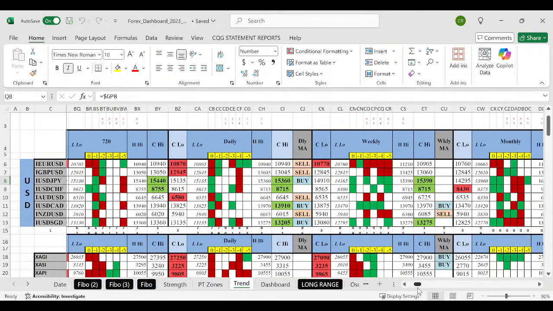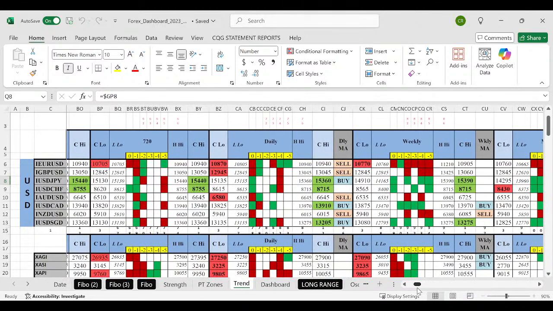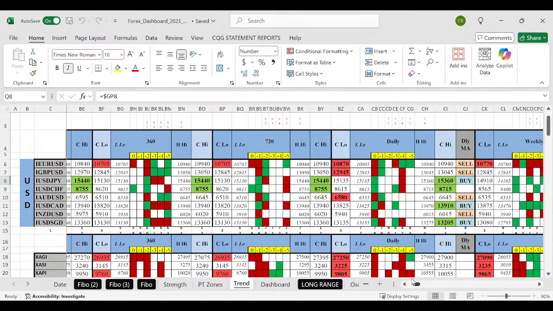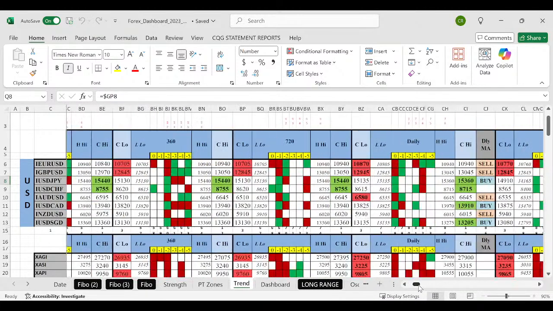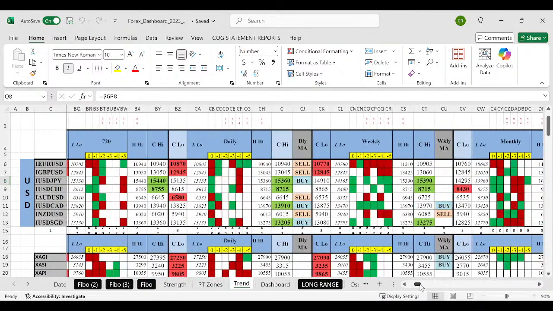As far as the euro is concerned, the dollar strength has been pretty big on most of the currencies. On the euro dollar, on the daily and weekly, we have euro dollar weakness.